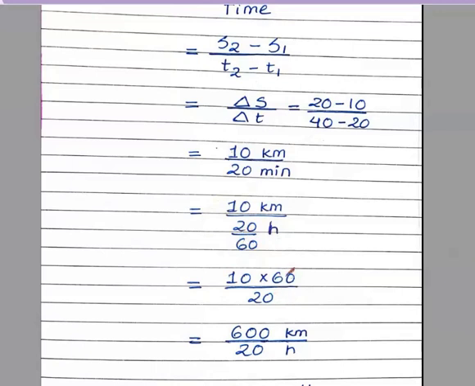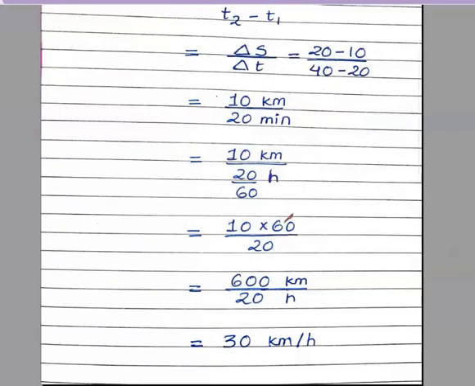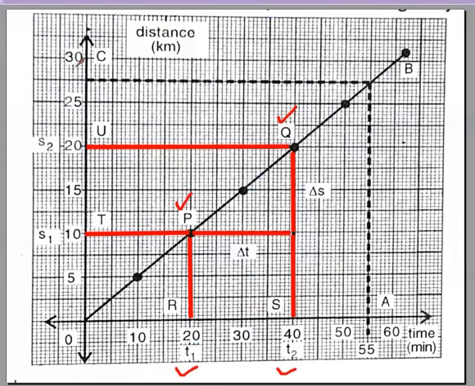So 10 into 60, and this 20 will remain in the denominator. And this is how we get 600 kilometer upon 20 hour. It gave us 30 kilometer per hour. So this is how, with the help of a distance-time graph, we can easily find out the speed of any object.